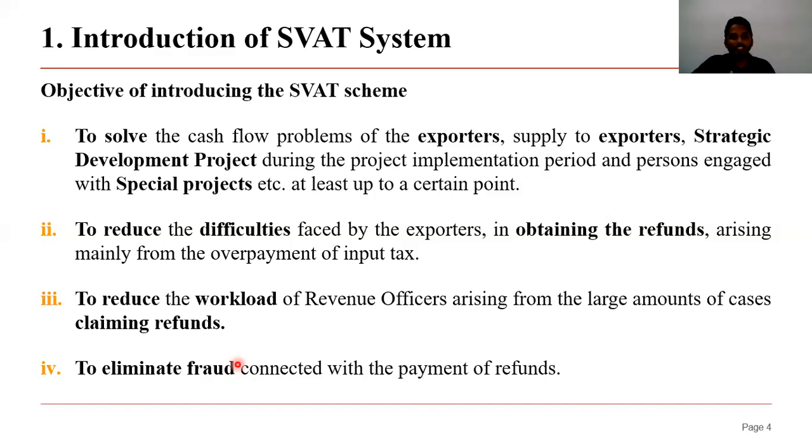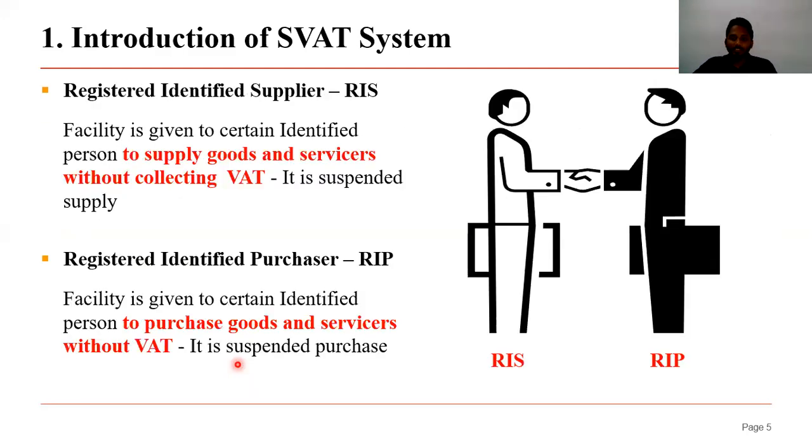Then the parties, suppliers and purchasers, get together, claim a refund and get massive cash from IRD as a refund. That is the fraud they made. That is why the department is not going to issue any refund, and they moved to the SVAT system because of that reason.